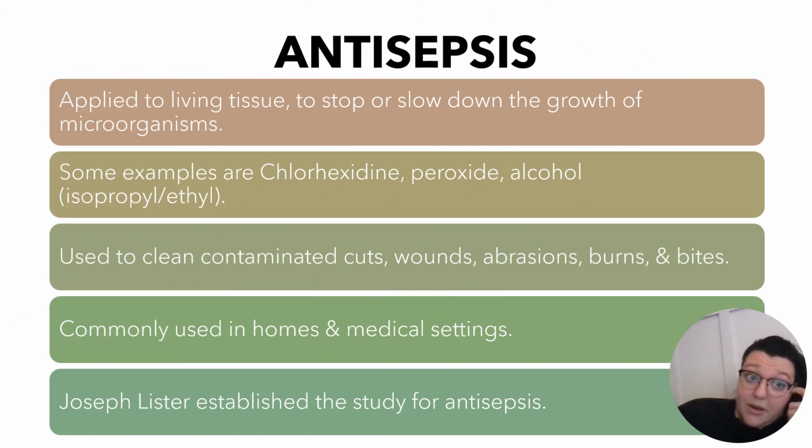Next, we'll talk about antisepsis. This is applied to living tissue to stop or slow down the growth of microorganisms. Some examples of this are chlorhexidine, peroxide, and alcohol. These are things that we can put on our skin without harming us.